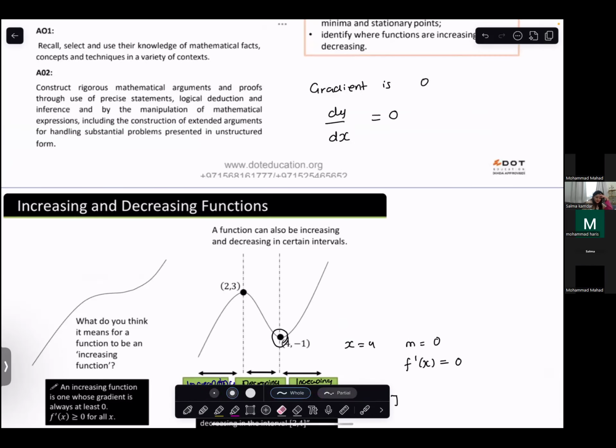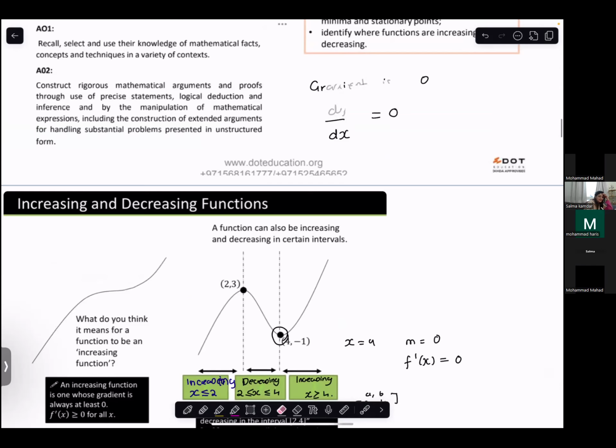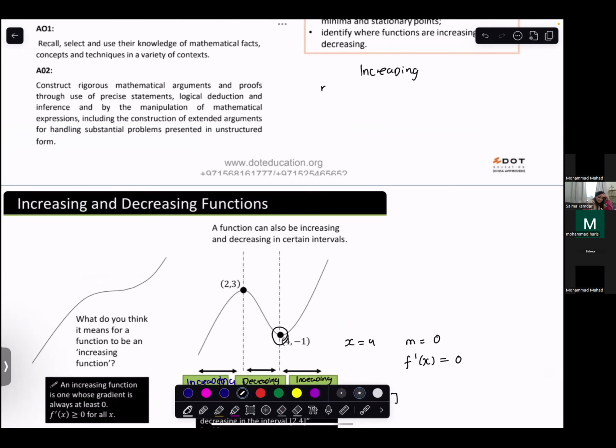Tell me, if you're asked to find whether a function is increasing or decreasing, what will you do? We look at the gradient. I will do dy by dx of the equation, which means differentiate. If dy by dx is greater than or equal to 0, it means my function is increasing.